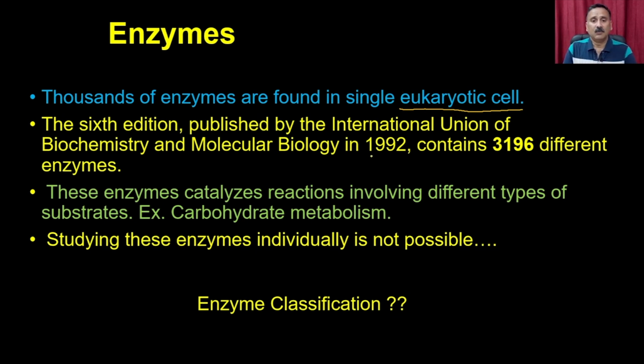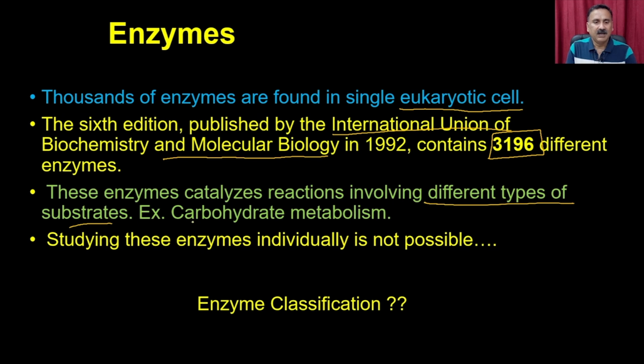As per the 6th edition published by the International Union of Biochemistry and Molecular Biology, there are 3196 different enzymes, and I am sure by now the number could be even higher. These enzymes catalyze reactions involving different types of substrates.